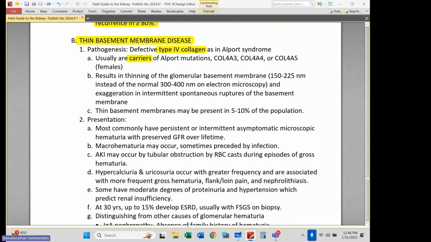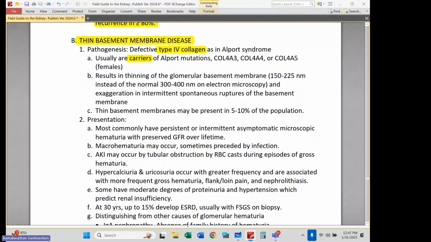If I'm a female with one mutation in my alpha 5 chain of type 4 collagen, I might just have microscopic hematuria, preserved GFR. I might call that patient thin basement membrane, right? But what if that female has a male child, right?